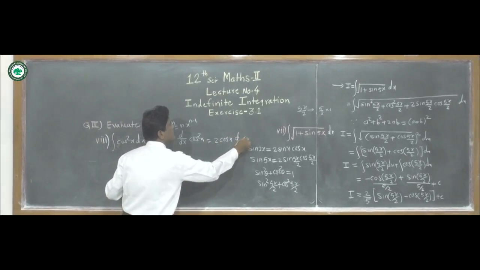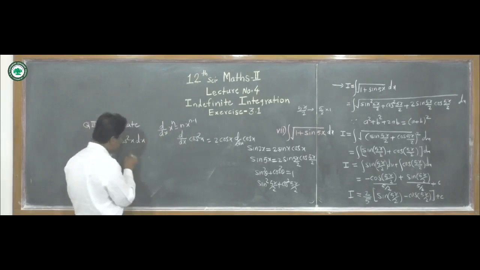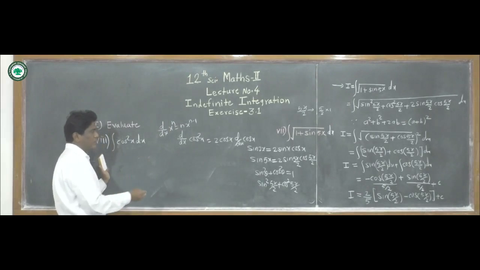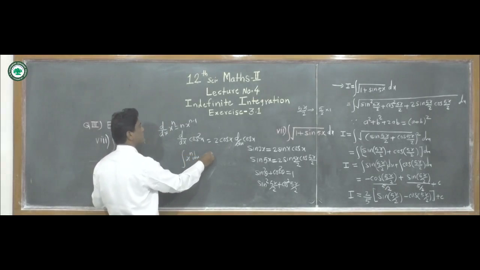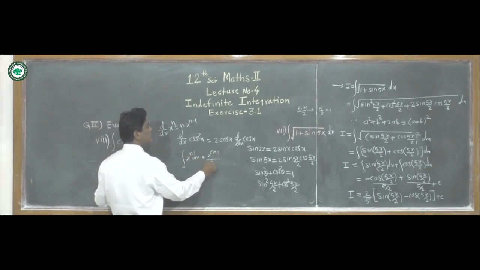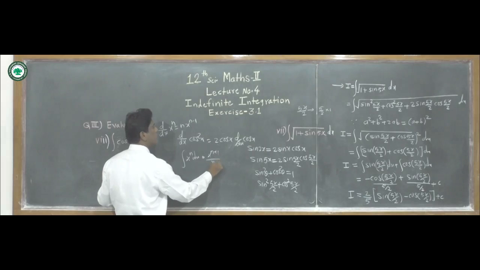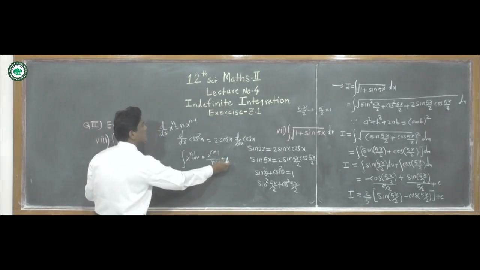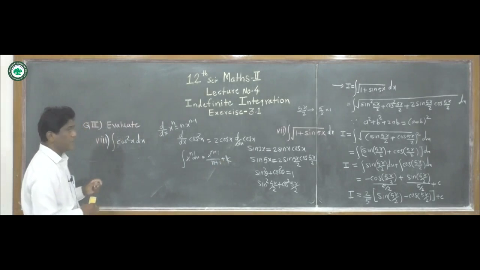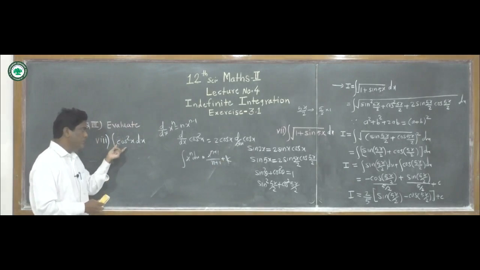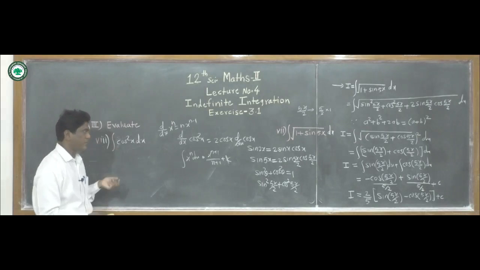But for integration we cannot use the same type of formula, that is, the integration of x to the power n dx equals x to the power n plus 1 upon n plus 1. We cannot use this formula to find the integration of cos square x dx. So we have to use the trigonometric formula.